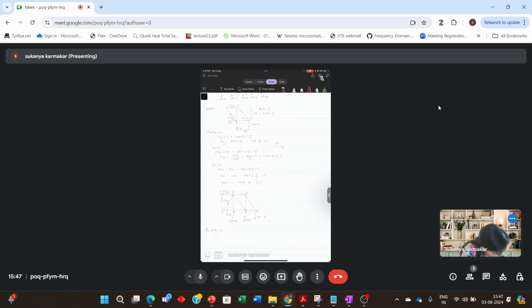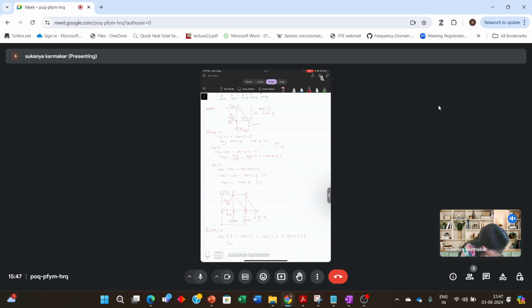So minus FHI into 4, plus 1500 into 9, plus 1500 into 6 from this force, because now you are considering moment about point C, plus 1500 into 3 is equal to 0.